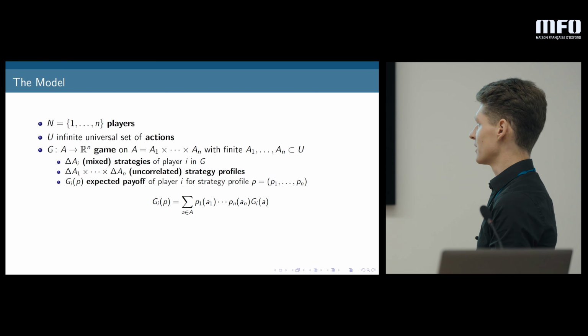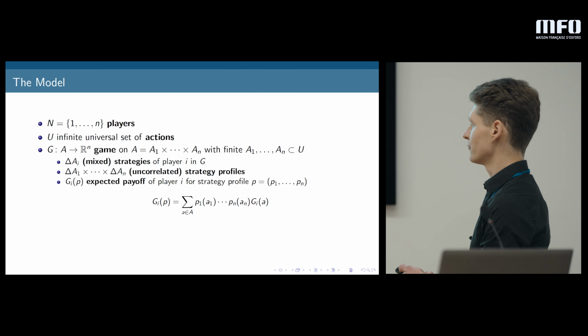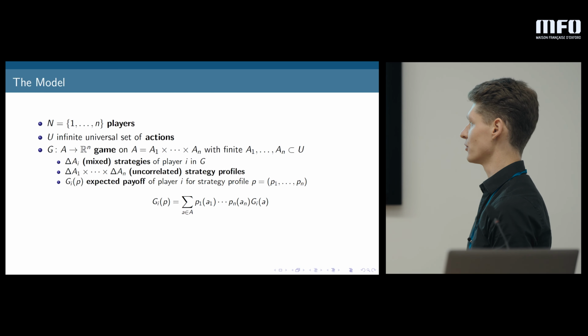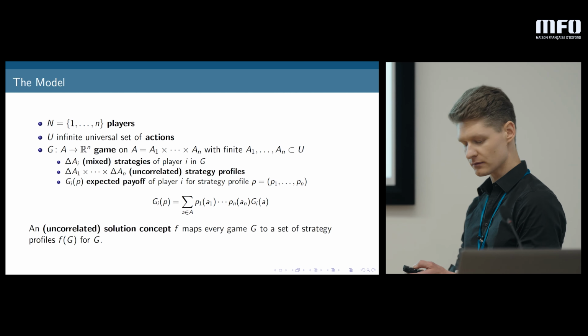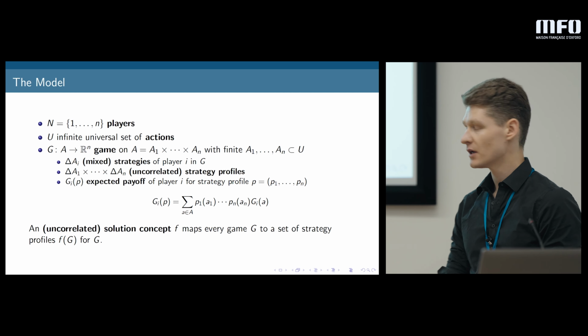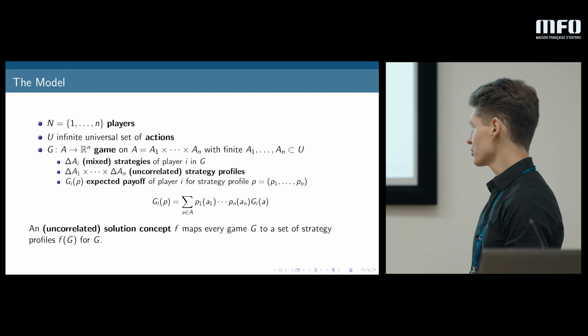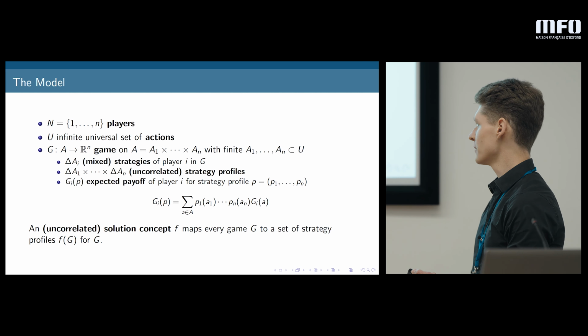And then there's a usual definition of the expected payoff of a player for some strategy profile. And throughout the talk, subscripts will correspond to players. A solution concept then is a function that assigns to every game G a set of strategy profiles.